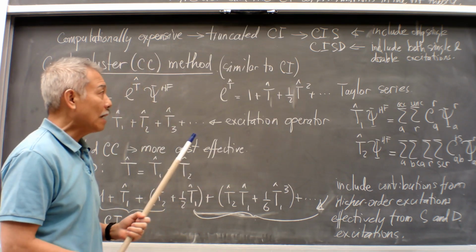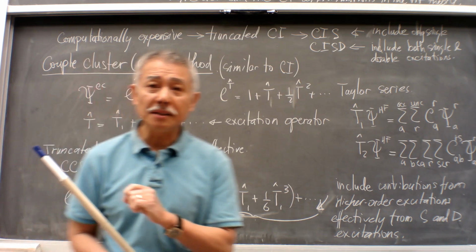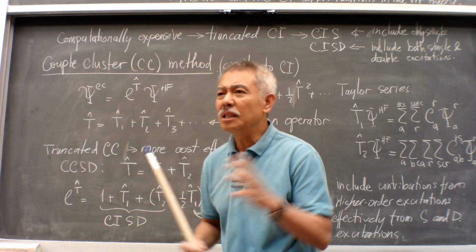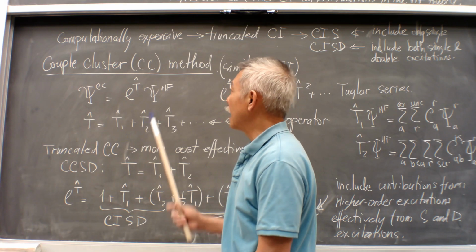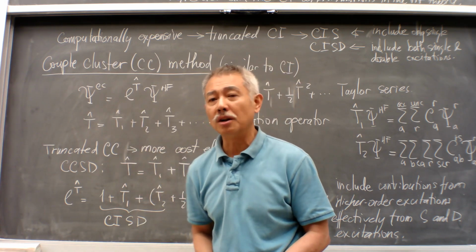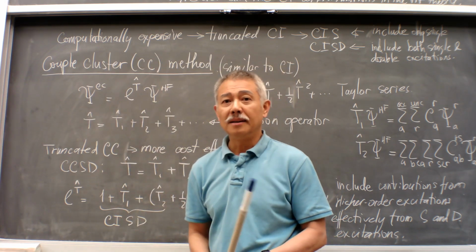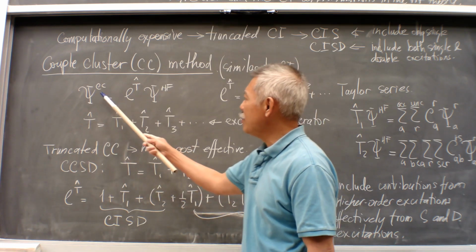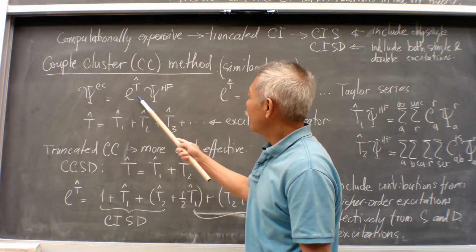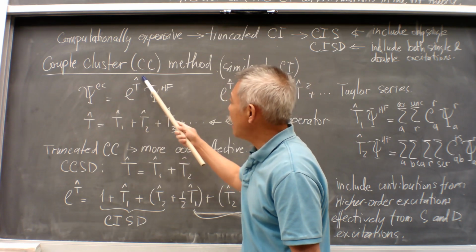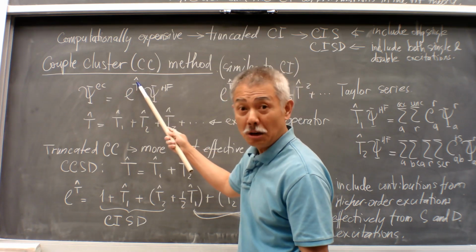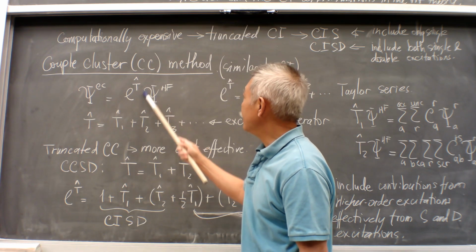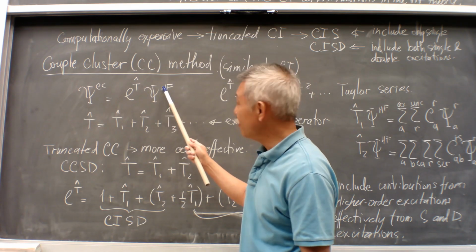Now, another method similar to configuration interaction is called the coupled cluster, or CC, method. The only thing different in CC is that the wave function has this exponential, e to the T operator, multiplied by the Hartree-Fock wave function.